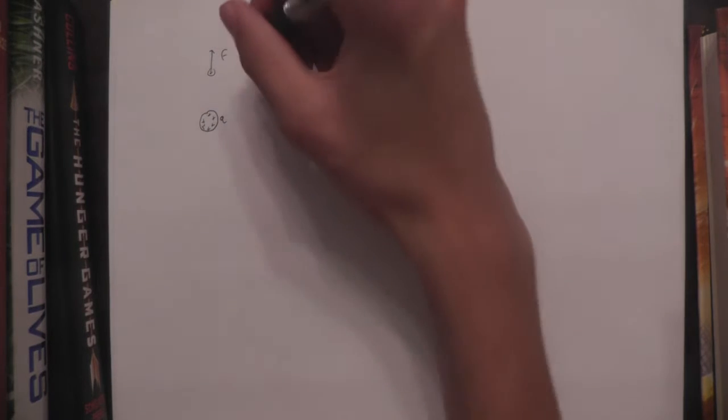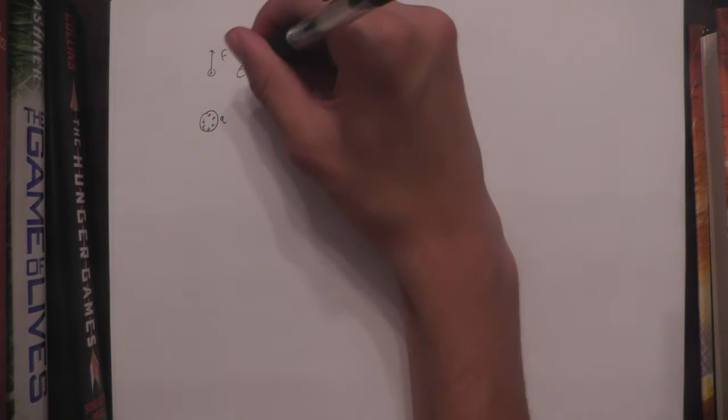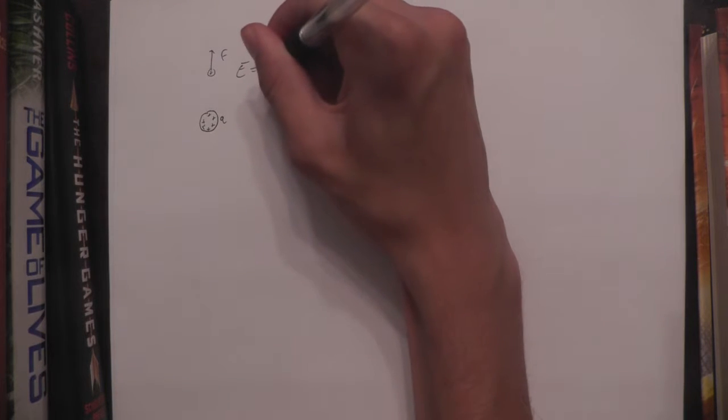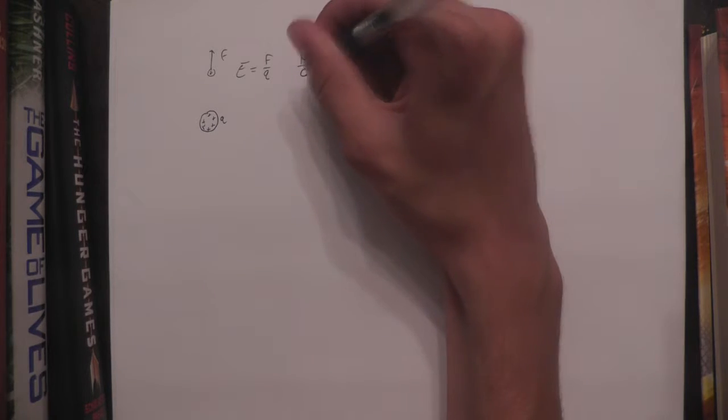Well, if the electric force is F, and the charge of your larger body is Q, then the electric field strength, given by capital E, would be F over Q. It's measured, of course, in newtons per coulomb. And that is your electric field strength.